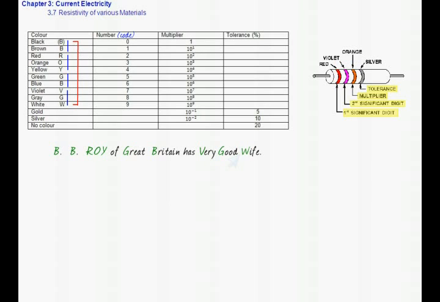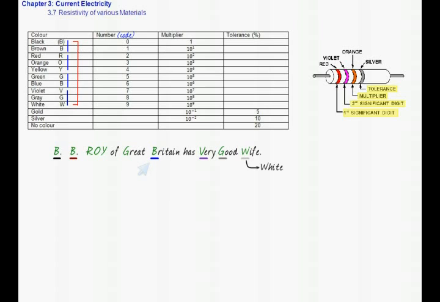So now you have remembered all the colors: B, B, R, O, Y, G, Great, B, Very Good Wife. So 1, 2, 3, 4, 5, 6, 7, 8, 9, 10. Right? 0 to 9. You have to remember that the first B stands for black, then the second B is for brown, right?